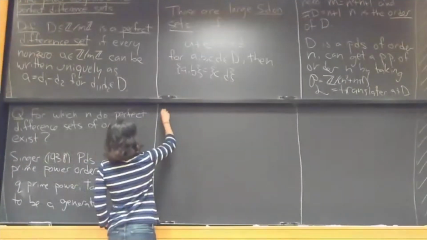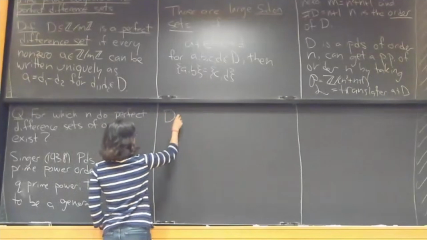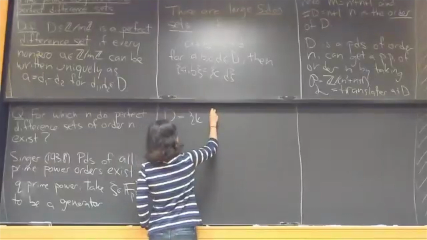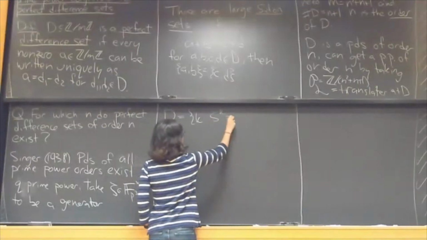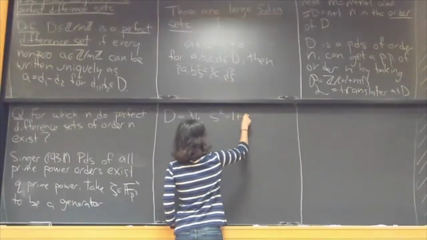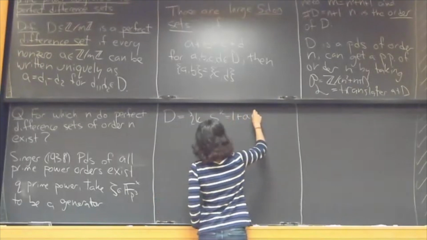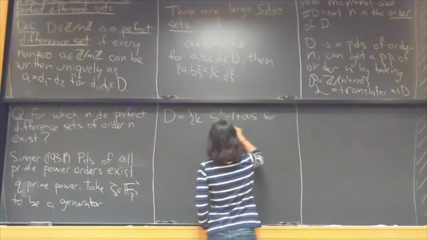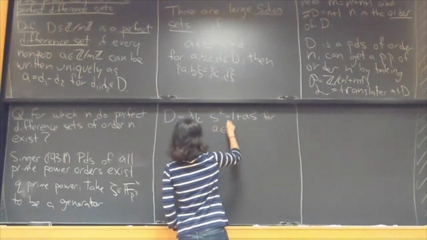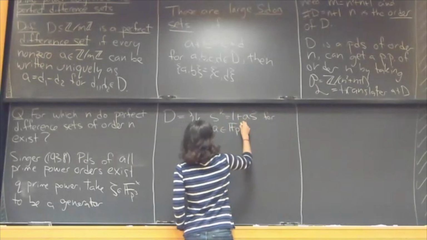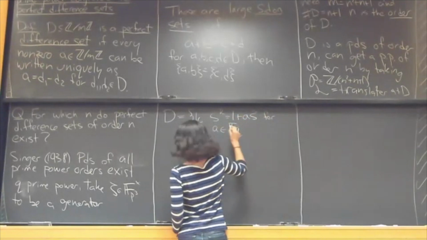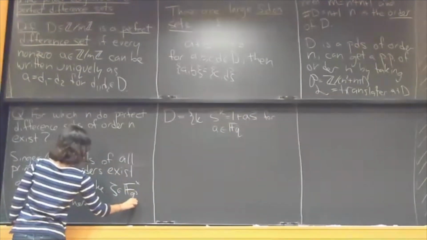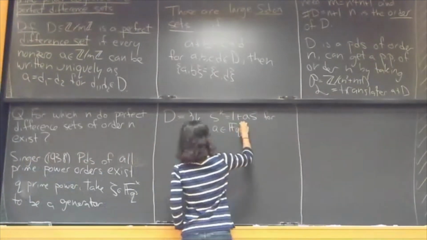Then the set D of k such that zeta to the k has the form 1 plus a zeta, for a in F_q, or 0 along with it, sorry, F_q cubed.